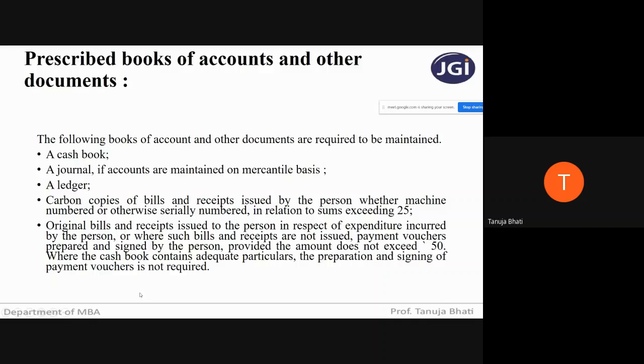All these documents are required because they are the basis on which you prepare your P&L and balance sheet and determine your income. So these are the prescribed books of accounts that have to be maintained by all those who exceed the limit that we have seen in the previous slides.